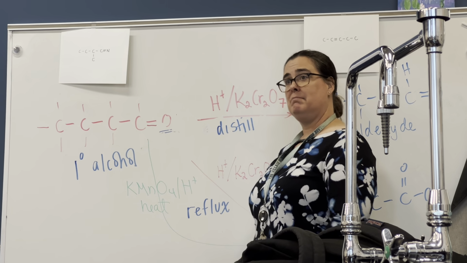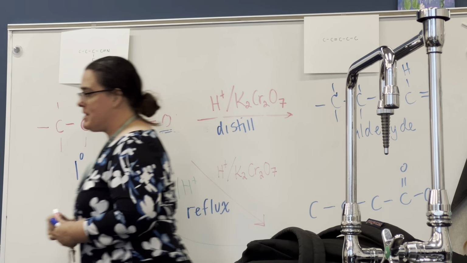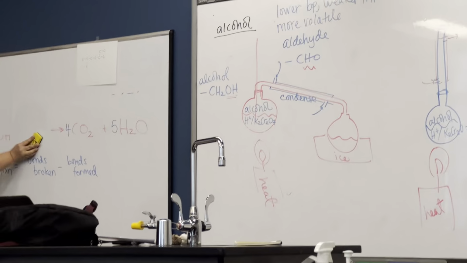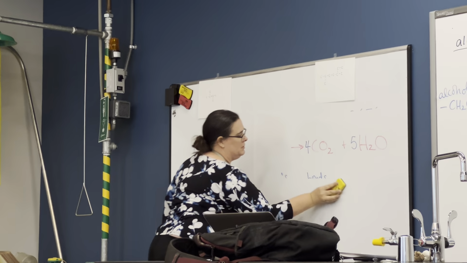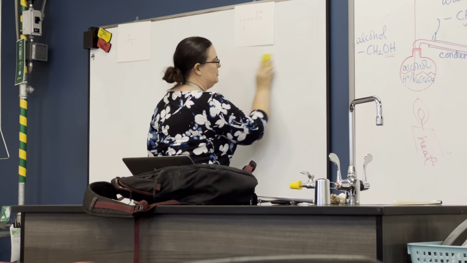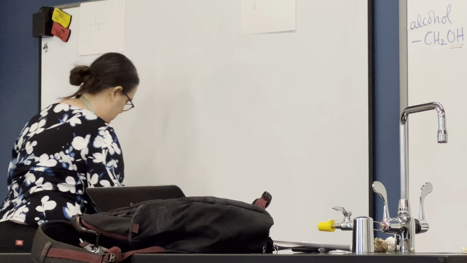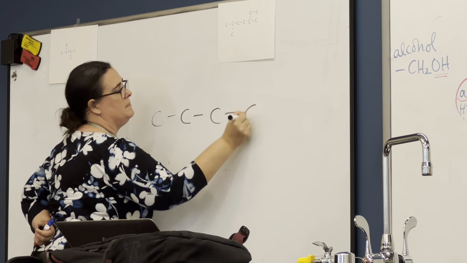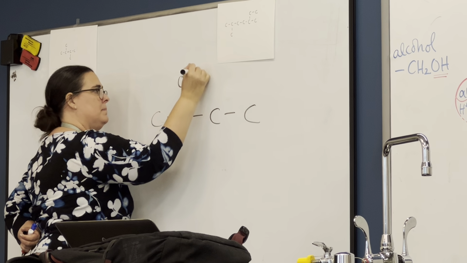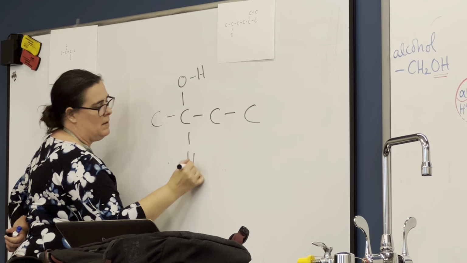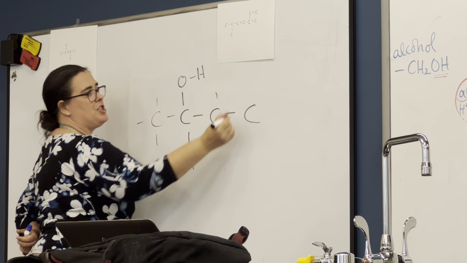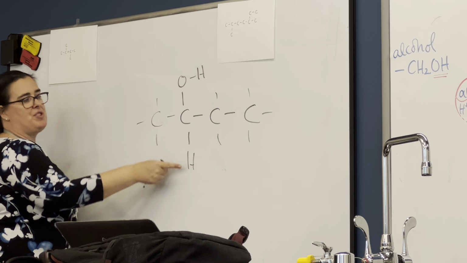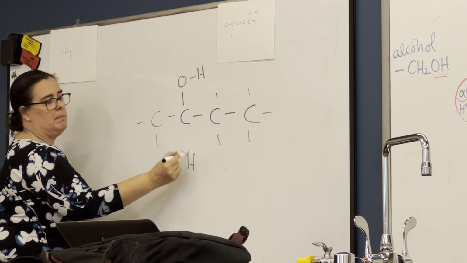Okay. I'm gonna draw you a secondary alcohol. Your secondary alcohol from earlier today was butanol. So if we had butanol, in the first step of this oxidation, what I just showed you is we removed two hydrogens. We removed the hydrogen that's directly bonded to the carbon, bye-bye.